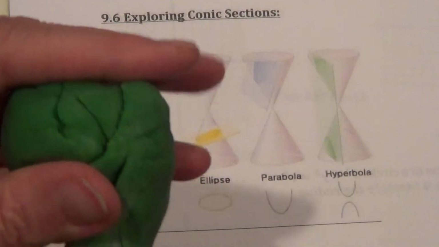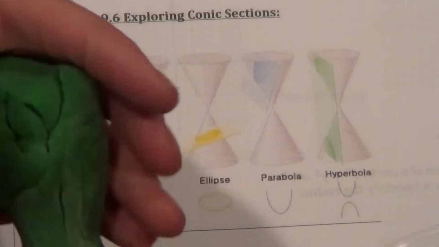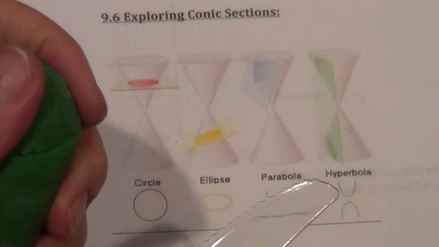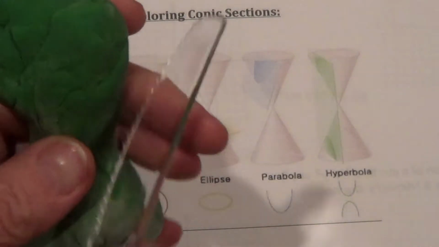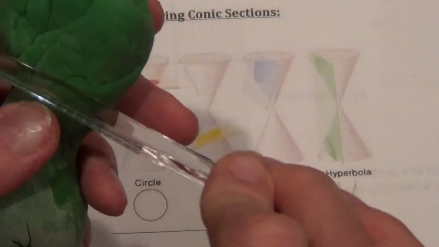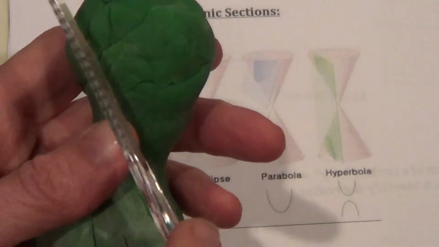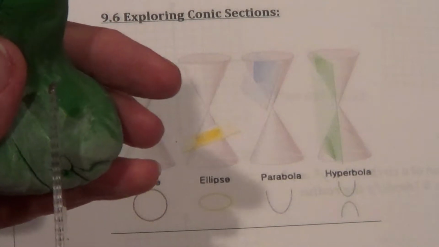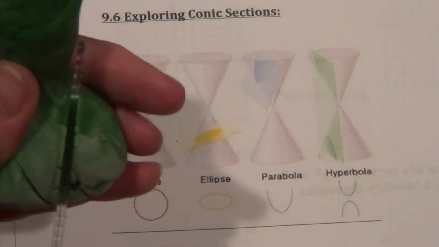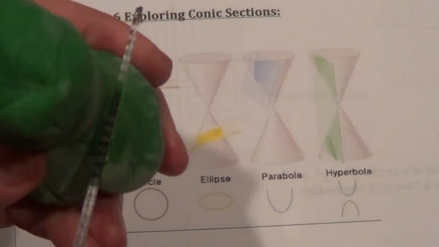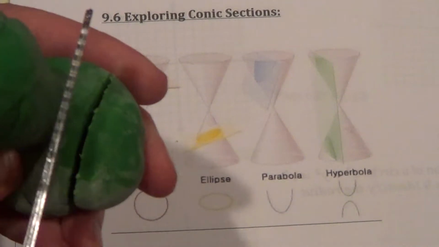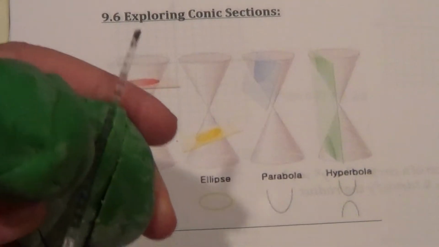Okay, so if we take this, now, instead of cutting through straight across to get the circle, or at an angle to get an ellipse, we actually angle it right down through the bottom of the cone and up on the side. We'll go a little bit deeper.